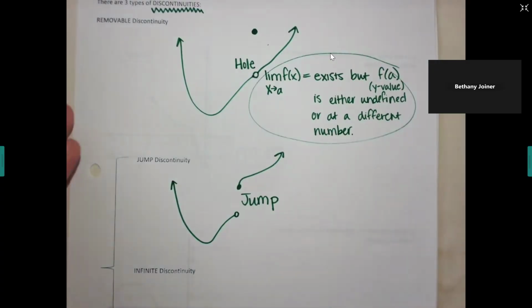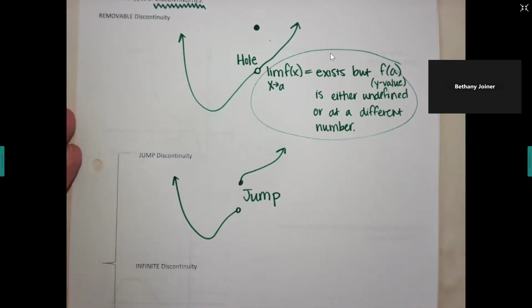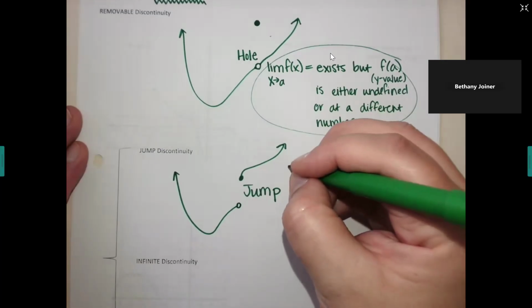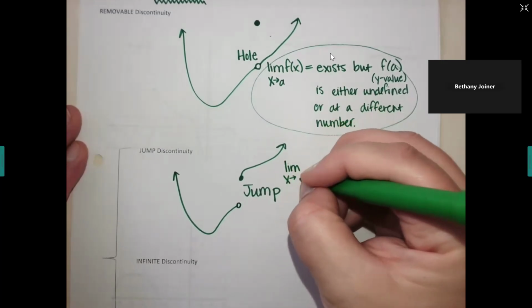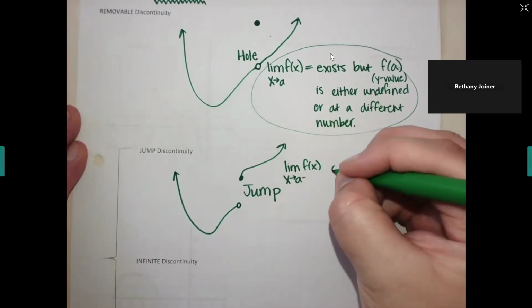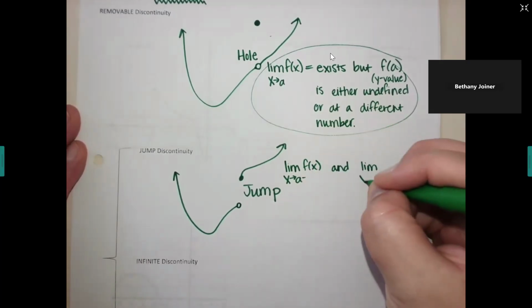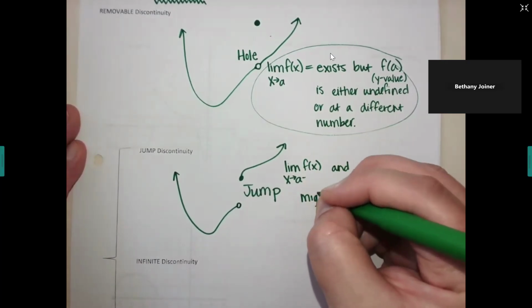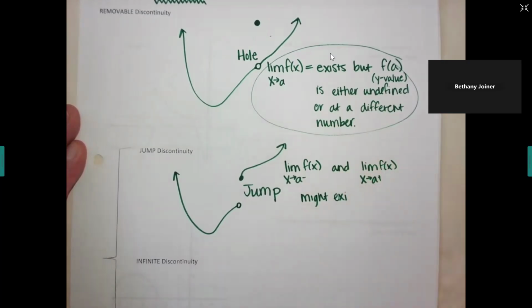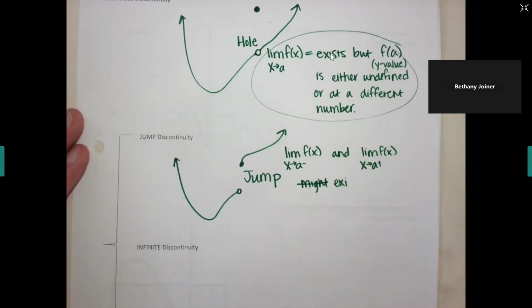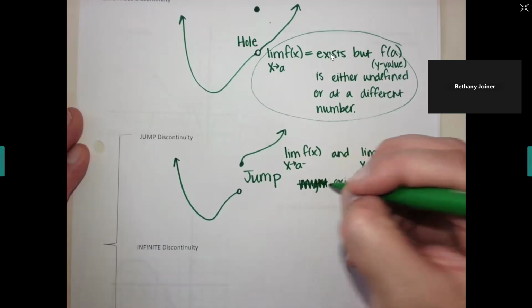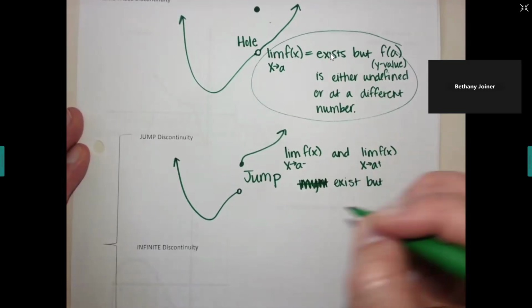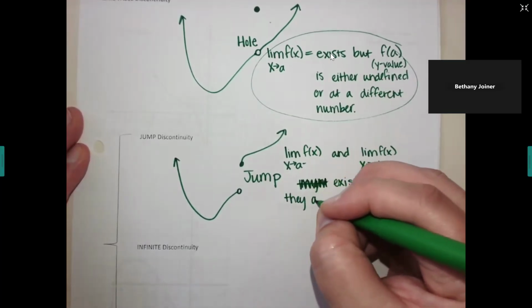Good? For a jump, your double-sided limit doesn't exist, but can your single-sided still exist? Yeah. So in the graph that we drew, your limit as x approaches a from the left and your limit as x approaches a from the right do exist, but they don't equal the same number.